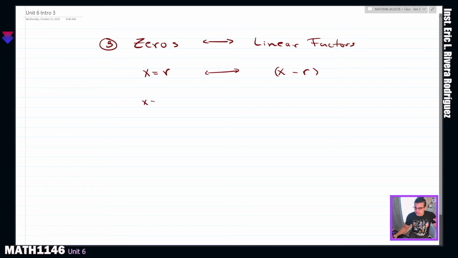In the example, -7/8 is a 0, hence x plus 7/8 is a linear factor of the polynomial, okay? The polynomial that we are working with.